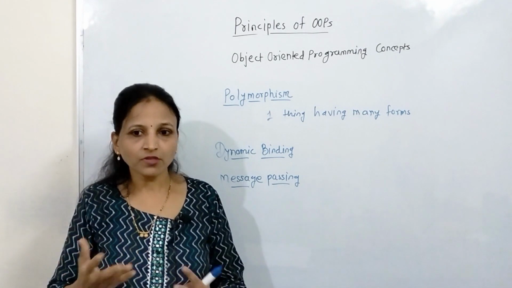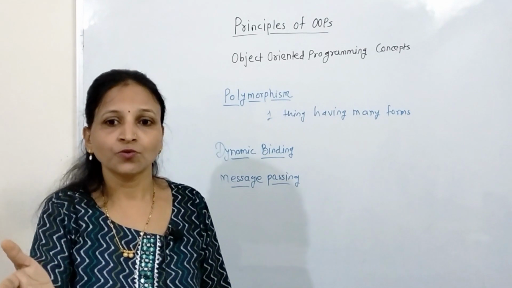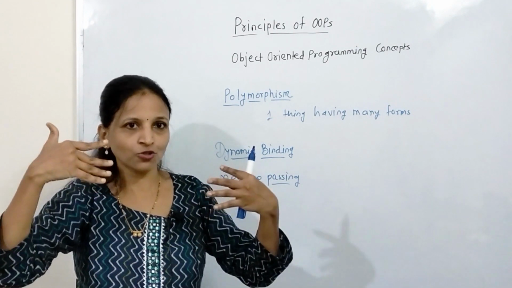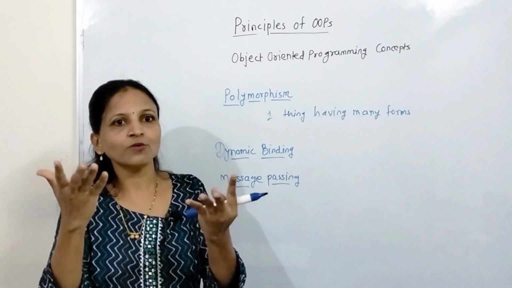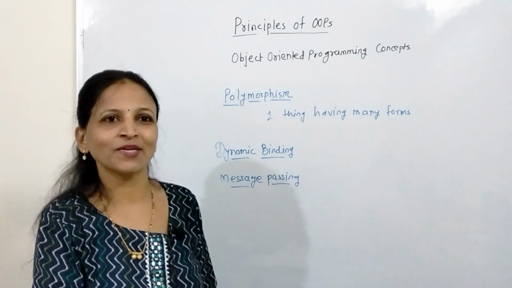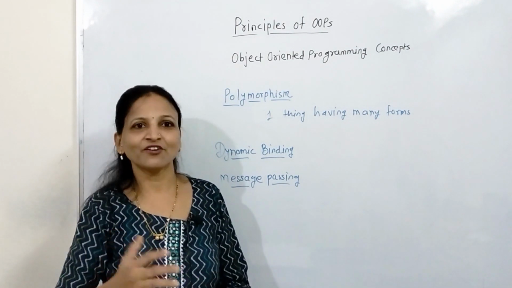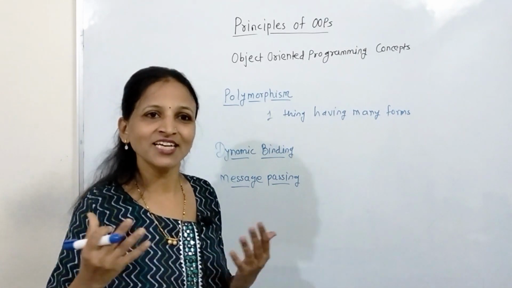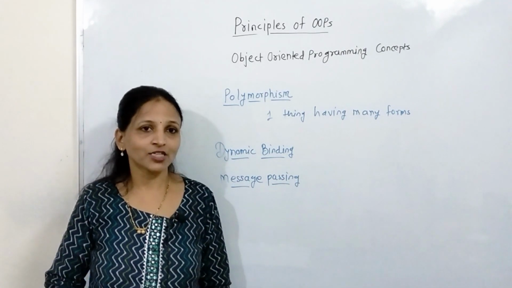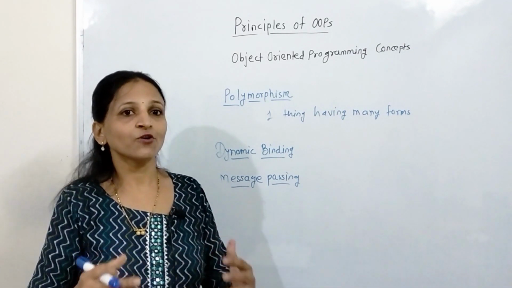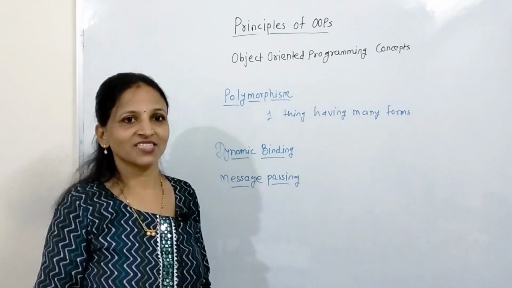Now I am giving some instructions to you, which means I am passing messages to you. I am an object of the teacher class and you are an object of the student class, and I am sharing something with you, that is nothing but message passing between us. Objects can communicate with each other by passing messages to each other. In programming, passing messages means we just call methods of objects.